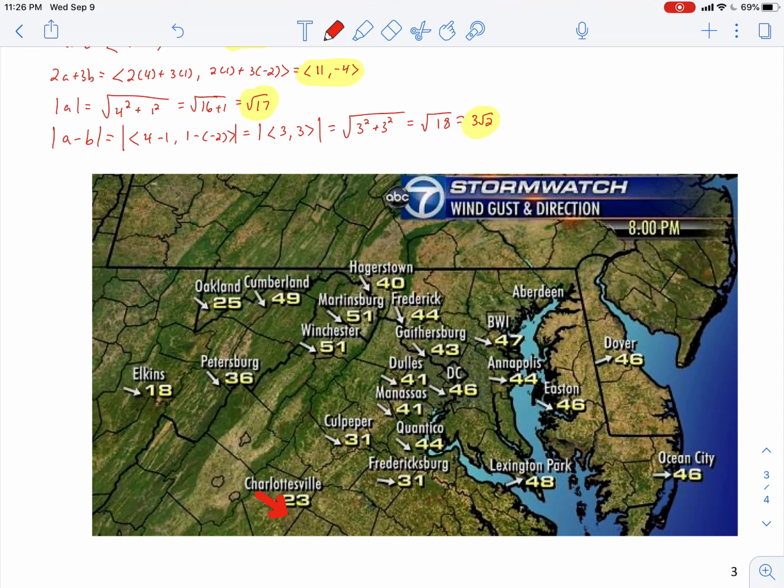And so the direction would still be the same, but to differentiate between 48 and 23, the vector would be much greater. And so that would tell us that the wind is much greater at Lexington Park than it is in Charlottesville based off of the distance of our vector, how long it is.